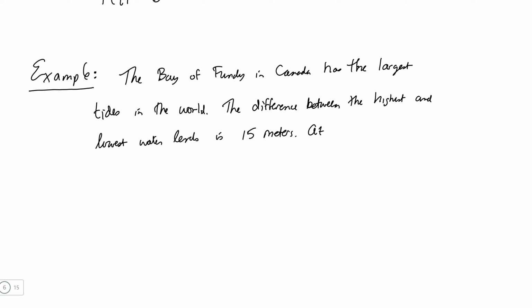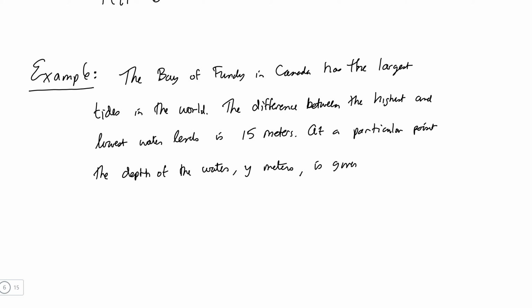So let's say at a particular point, right, so this isn't saying the depth goes from 0 to 15. It's the difference between whatever the lowest depth is to the highest depth. So let's call that depth y, and we'll measure it in meters.